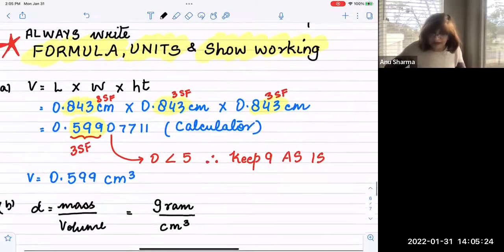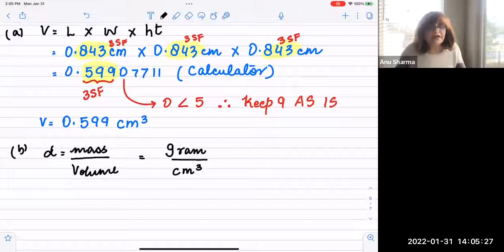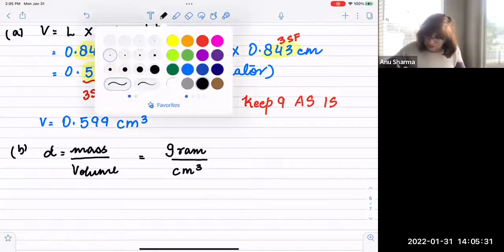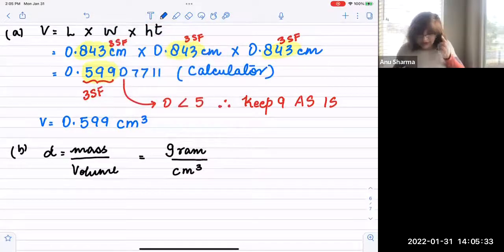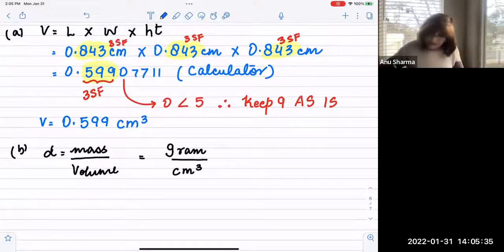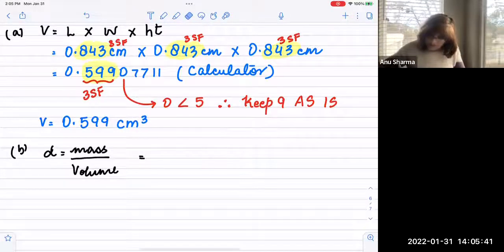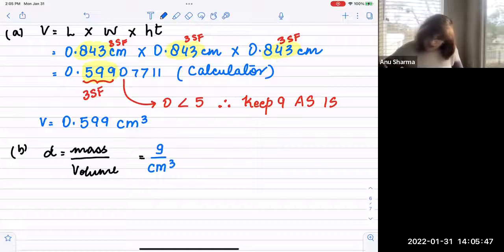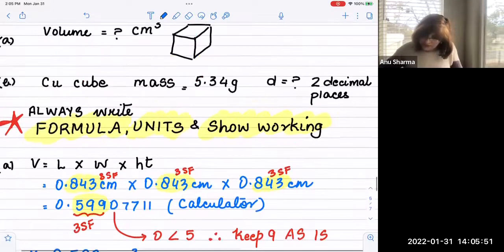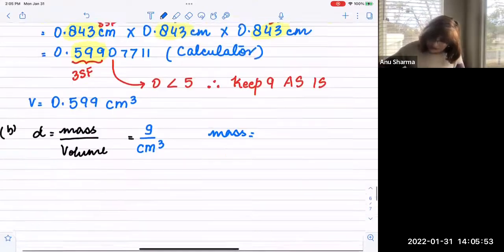So solids will have centimeter cubes, liquids will have grams per liter or grams per milliliter, depending on what we are measuring and what is being asked in the question. So grams per centimeter cube. We are given the mass, which is 5.34 grams.